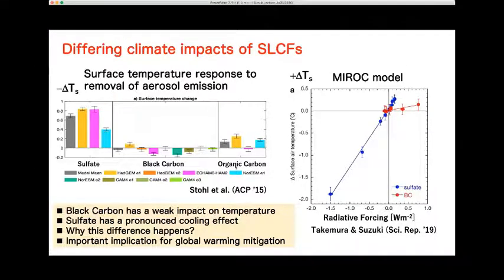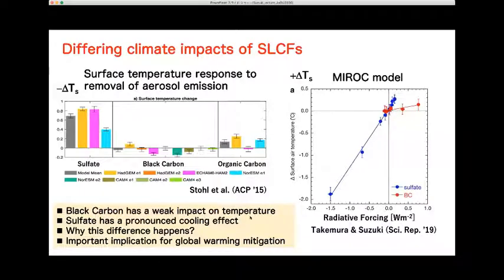For example, shown here is the global mean temperature response to the emission change of black carbon and sulfate, which is pretty different. Black carbon has only a weak impact on the global mean temperature. That's also found in our recent simulation using our MIROC climate model.